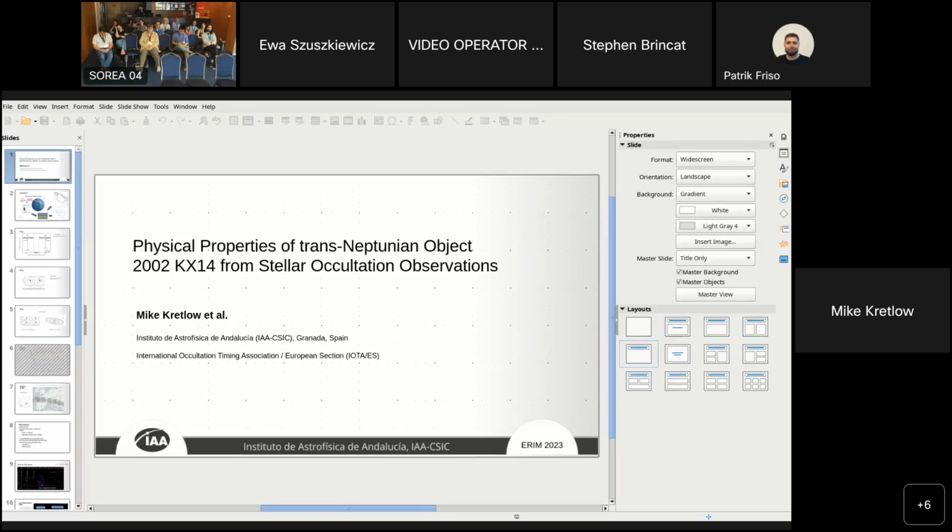In the next couple of minutes, I'm going to tell you a little bit about stellar occultations, the method of stellar occultations to study solar system objects, especially minor bodies.